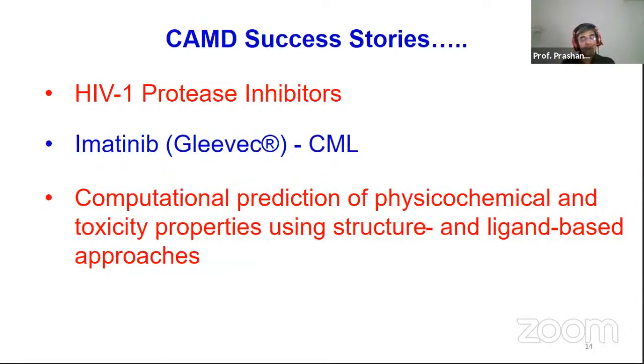So if the activity or the physicochemical or toxicity property is bad, then drop that molecule, so that you don't unnecessarily make a molecule which will eventually fail in subsequent trials, including the preclinical studies. That actually revamped the whole drug discovery scenario, and that is still continuing.